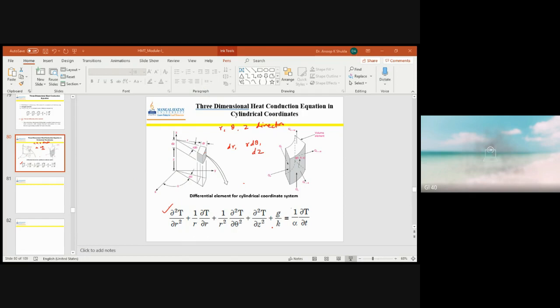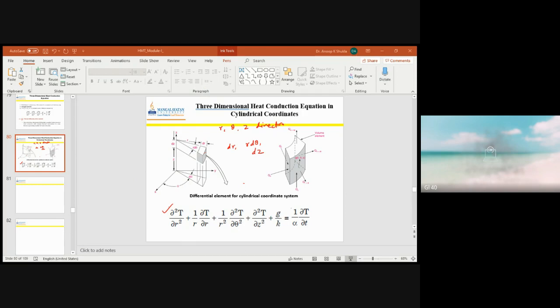In the previous lecture, we covered only the one-dimensional coordinate system. Now, how do we solve these differential equations?